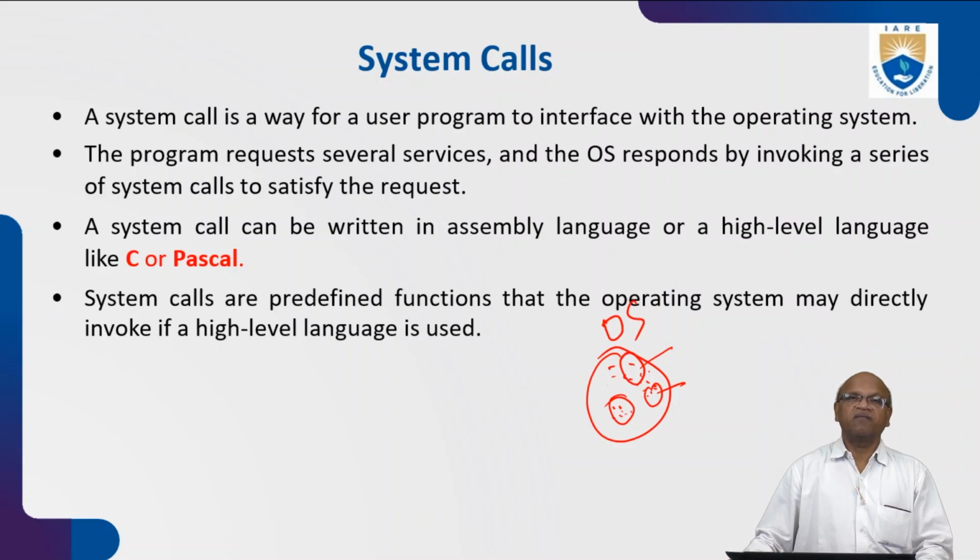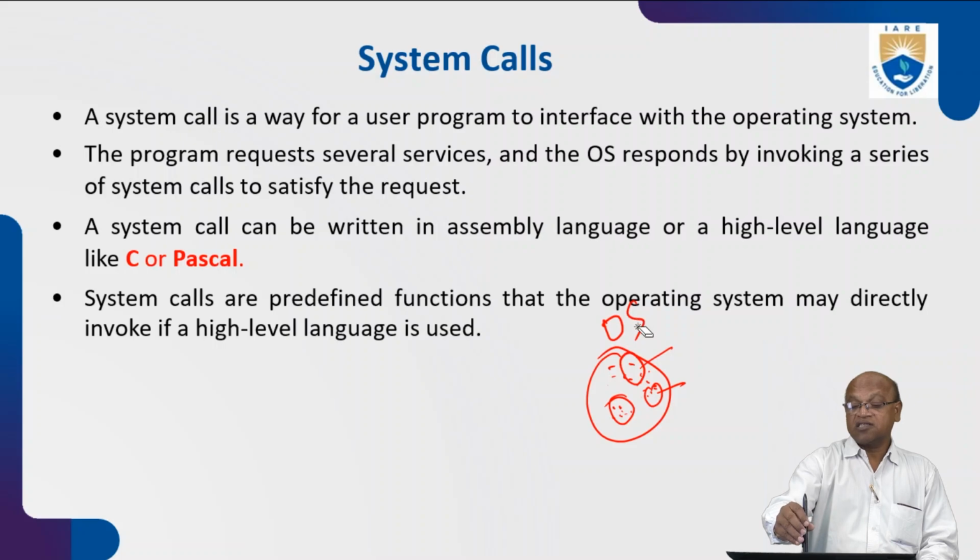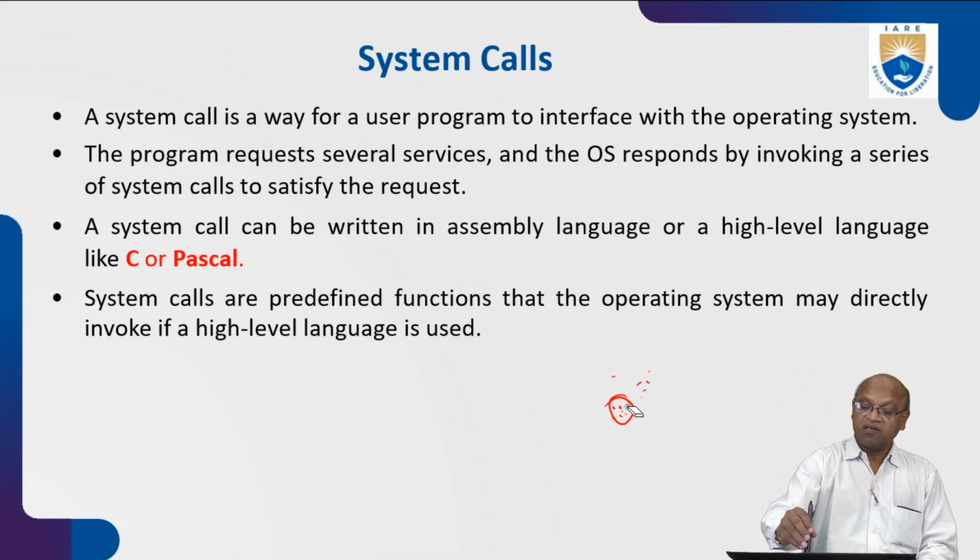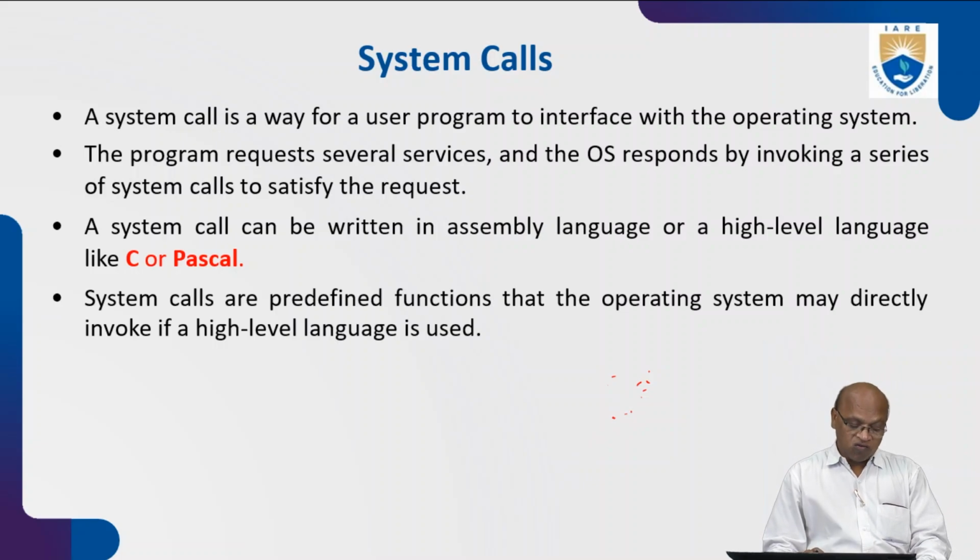System calls are predefined functions that the operating system directly invokes. A system call is a specific function with specific operations, but it is part of the OS only. One system call will invoke another system call, and ultimately your program will be executed.